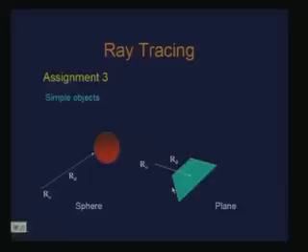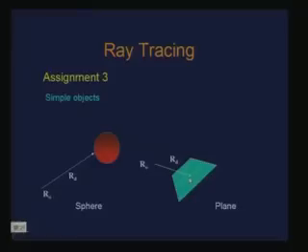So it would also require you to do a containment test. First, you will do a test for the point on the plane and then figure out whether that point is contained within the extents of the plane or not. So as far as the object-ray intersection is concerned, you are basically asked to have objects with sphere and plane.